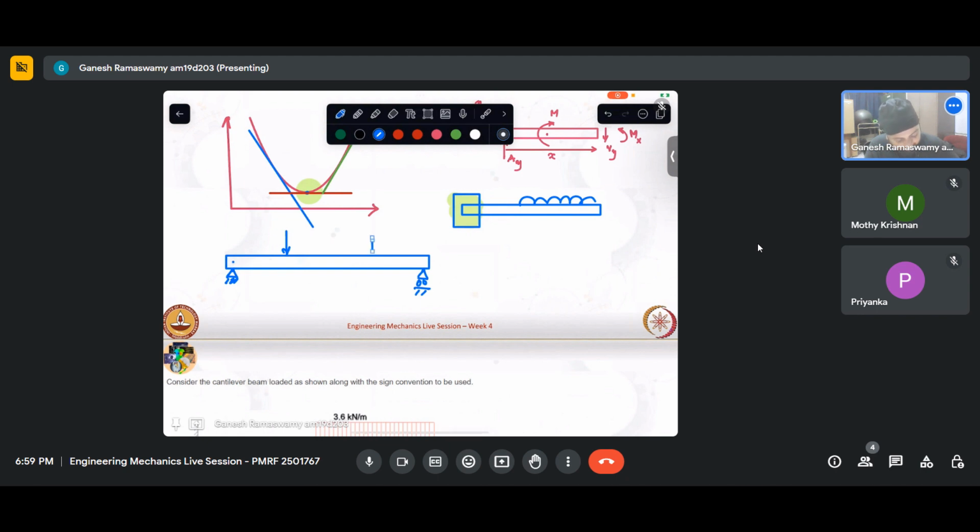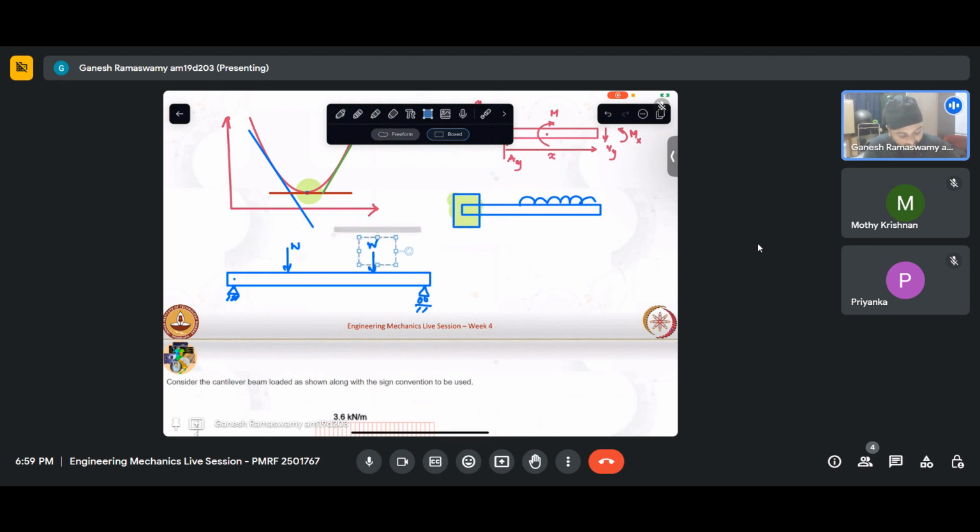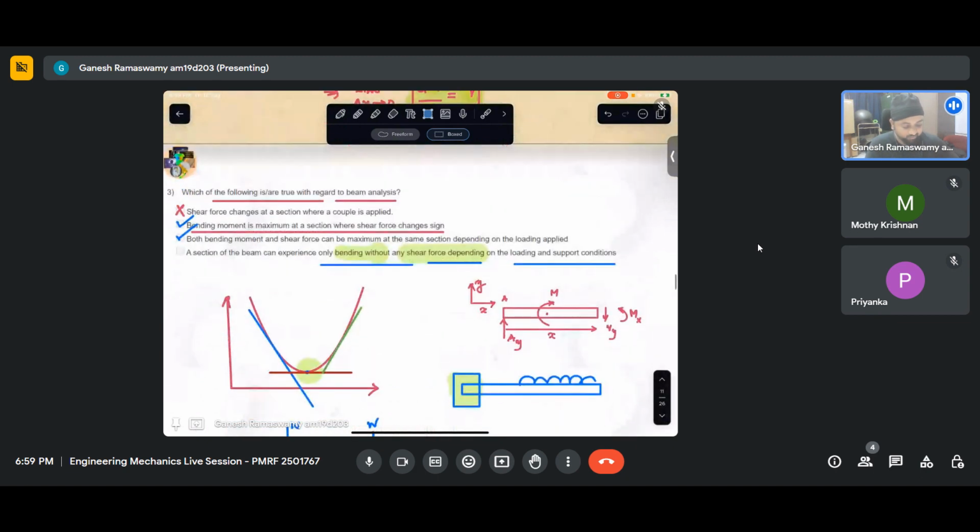In such a case, for this portion, I will see that my bending moment will be constant, and essentially my shear force will be 0. It is also called a shear span, and all our beam formulations apply only to this region. So yes, depending on the load and the support condition, it is very much possible to have a section which experiences only bending moment, also called pure bending.